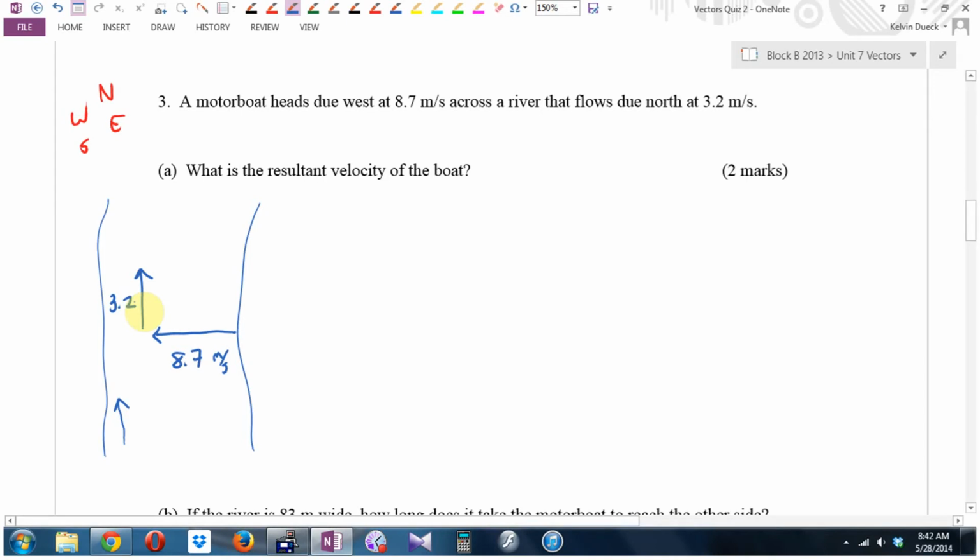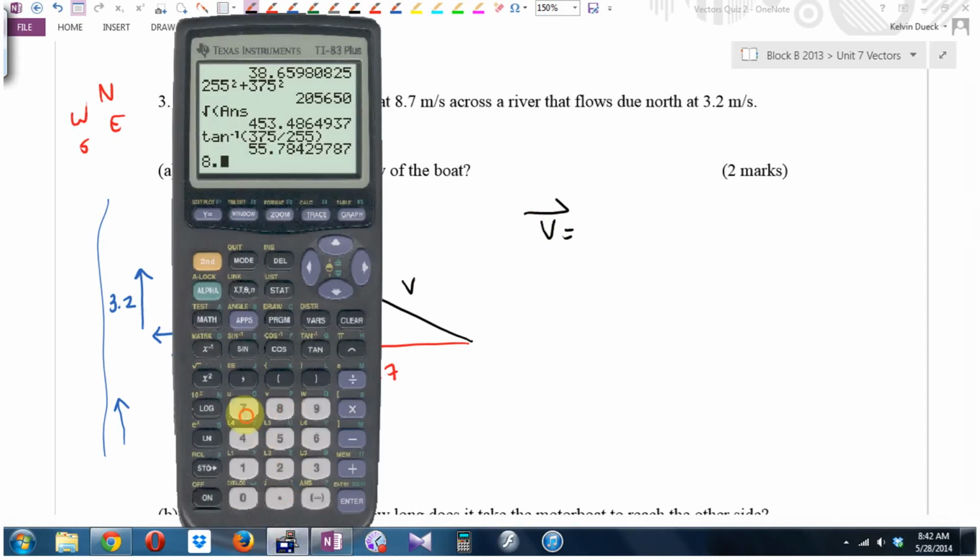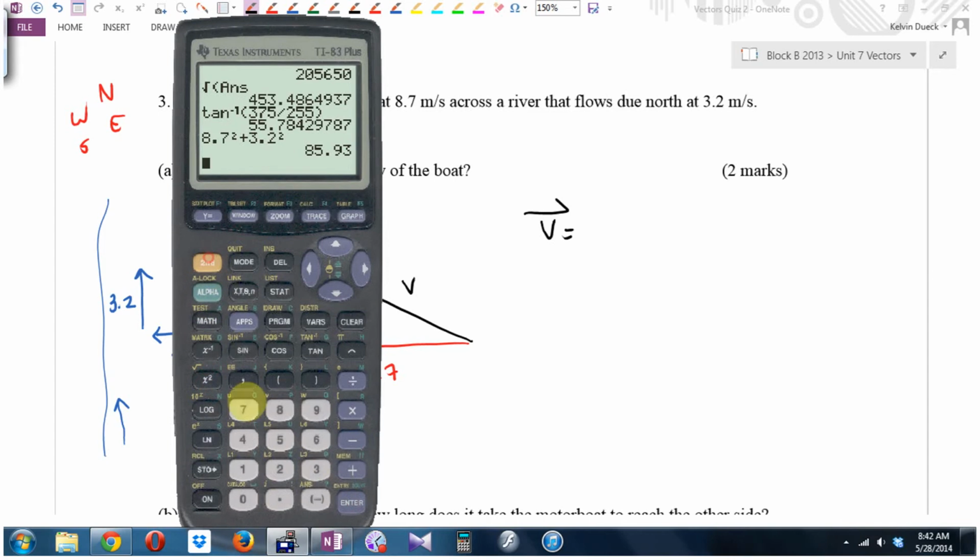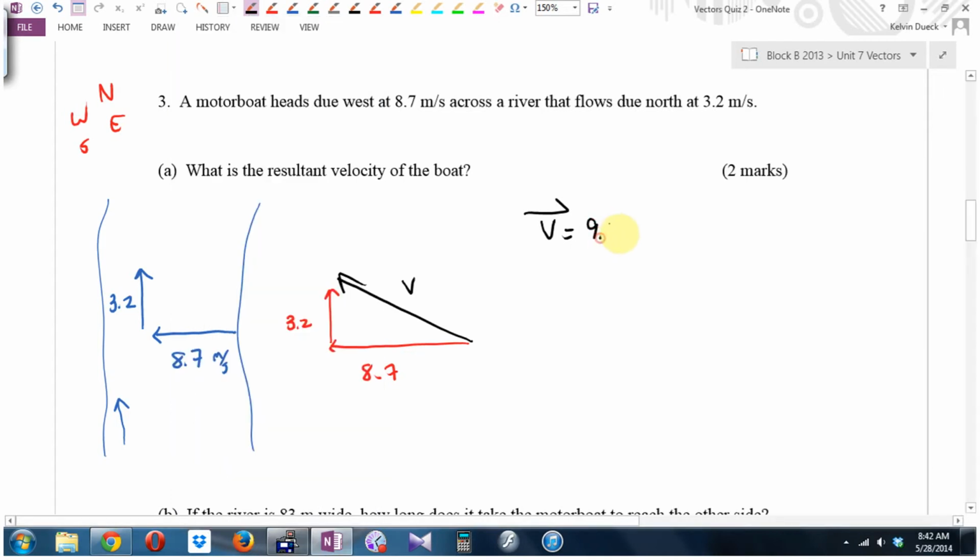It's going to be that plus that. There's the resultant. The velocity is going to be the square root of 8.7 squared plus 3.2 squared, which is 9.27, I'll go 9.3 meters per second.